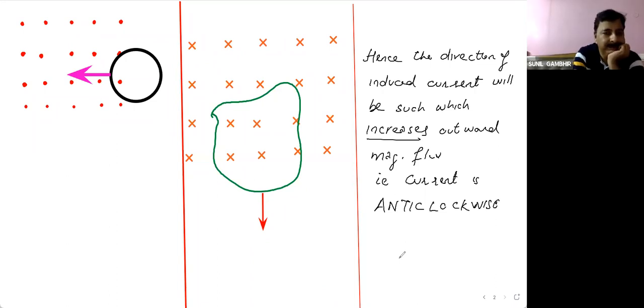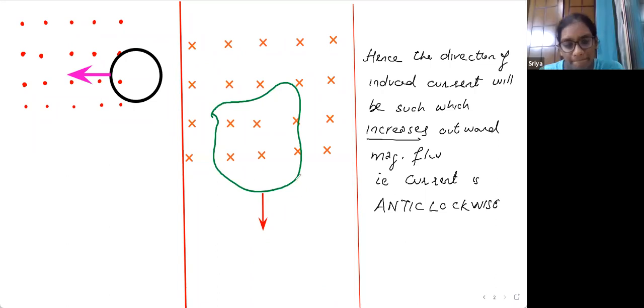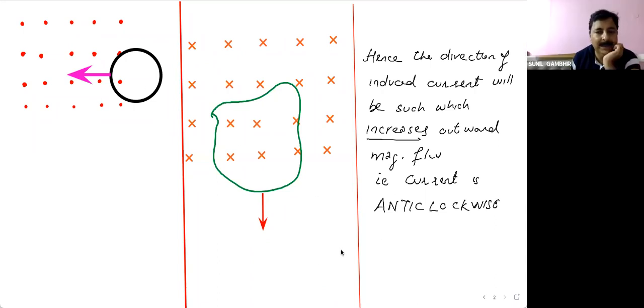Right. You see, let us discuss again. Coil is like this, and dot means magnetic flux outward. When it moves forward, now there is more magnetic flux.